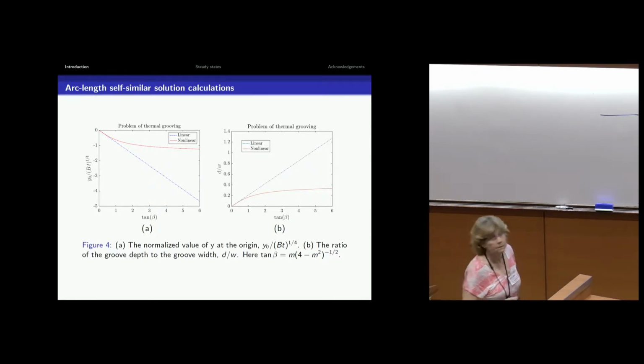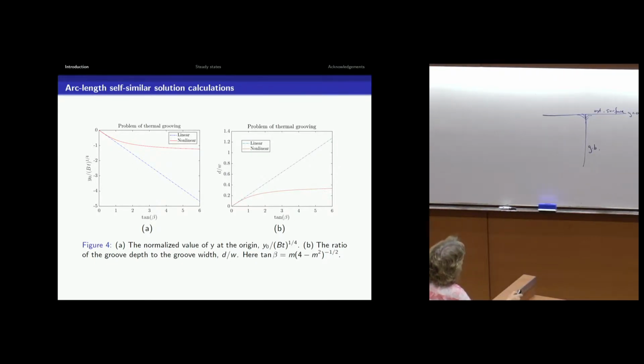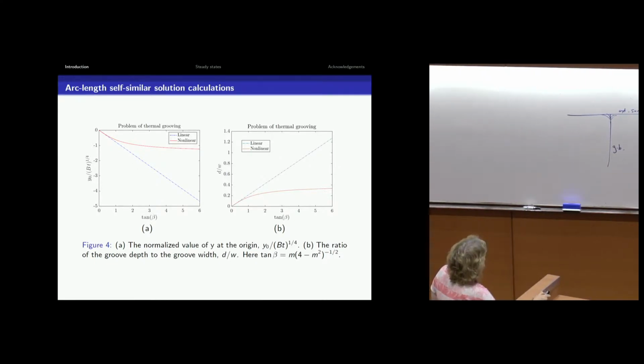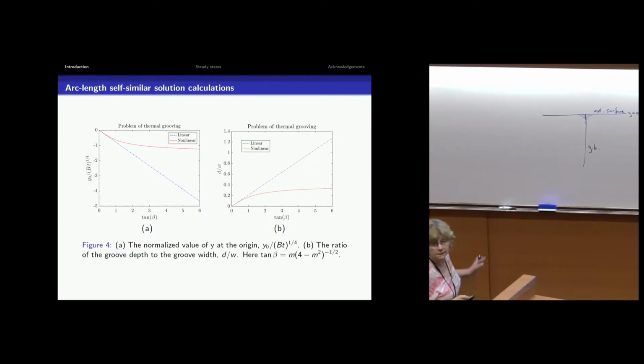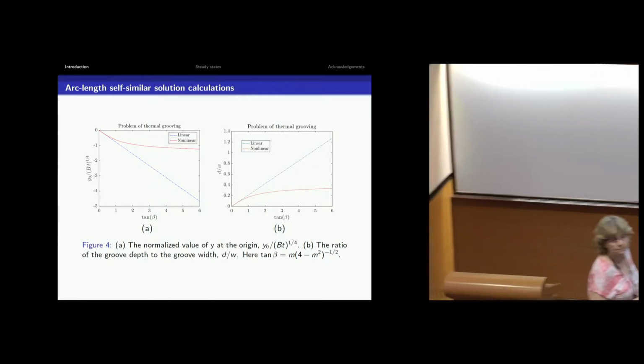This is the depth to width ratio. For the linear, this is going off and up linearly. For the nonlinear, this is asymptoting to something quite reasonable. So maybe this is just some hint that it is something which should be explored more.